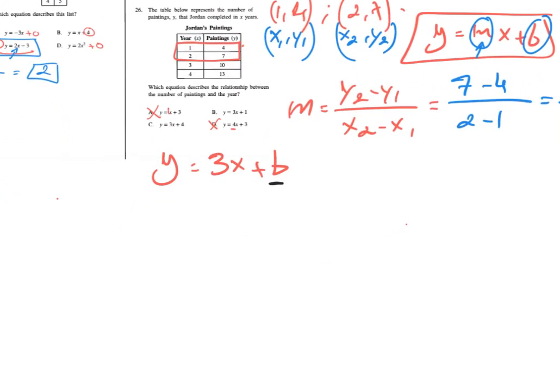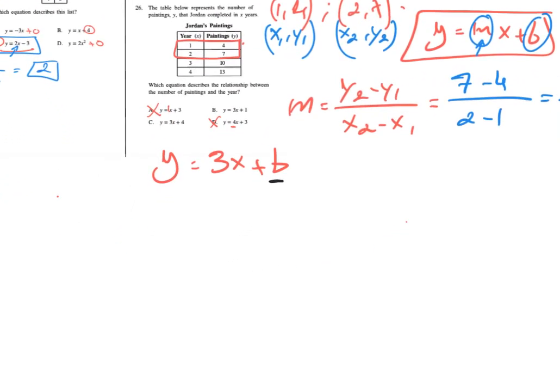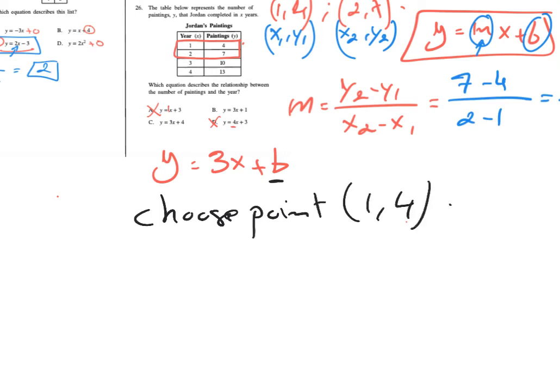So I can choose any point, right? Let's choose, for example, 1 and 4. So we're going to substitute y by 4 and x by 1 in order to get b. So y will be 4 equals 3 times x, which is 1, plus b.